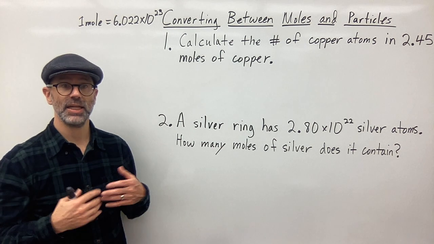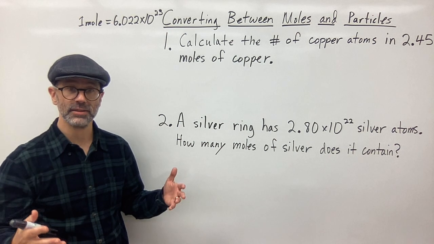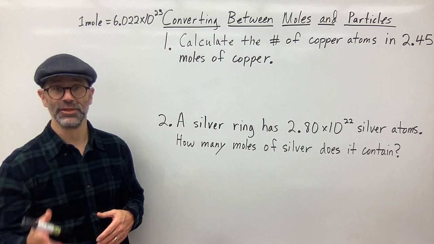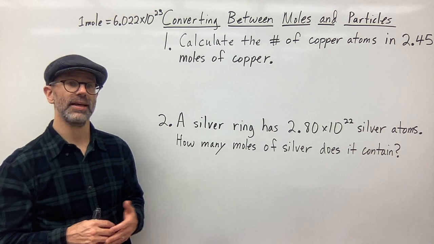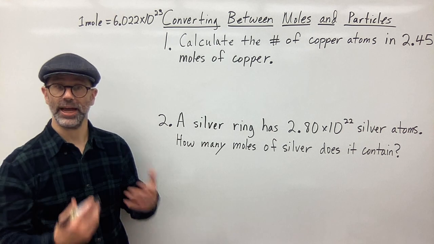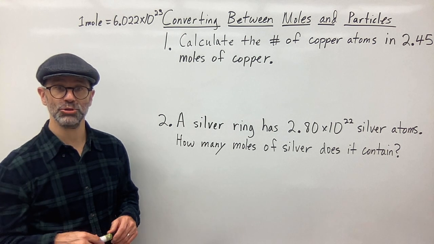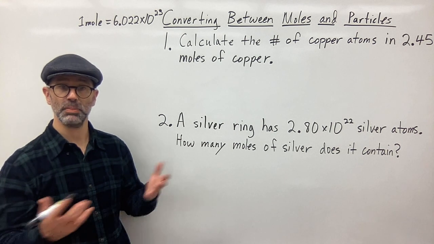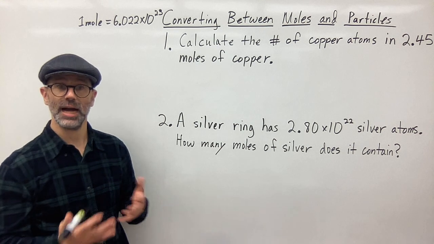If I say I have a dozen eggs, then I have 12 eggs. Unless it's a baker's dozen, then I got 13. But if we have a mole of eggs, then that means I have 6.022 times 10 to the 23rd eggs. If I have a mole of people, that's going to be 6.022 times 10 to the 23rd people. So it's whatever you have that you're counting.